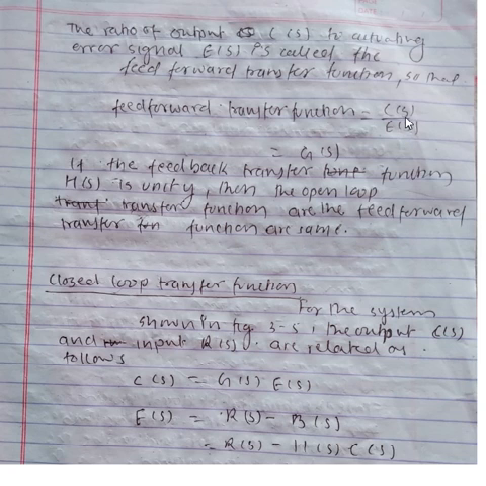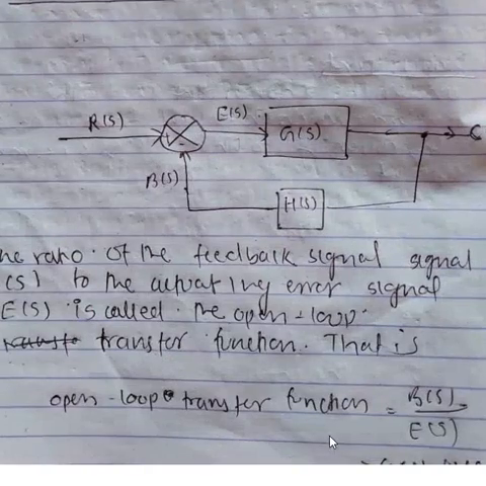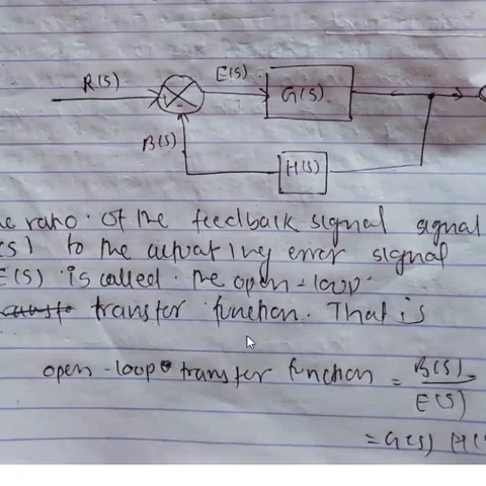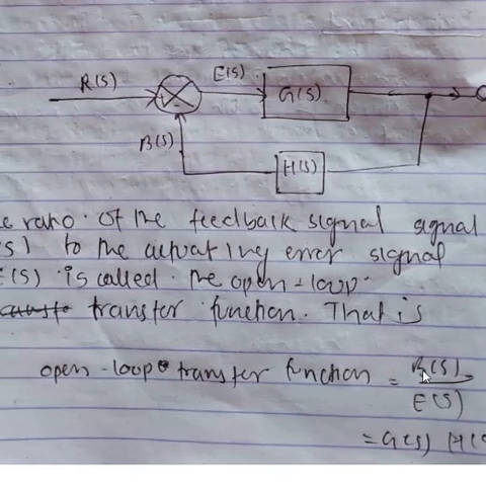Now we will go back to this one. If you see here, this is an open loop transfer function. If this H(s) is unity, then it will be equal to the feed forward transfer function.